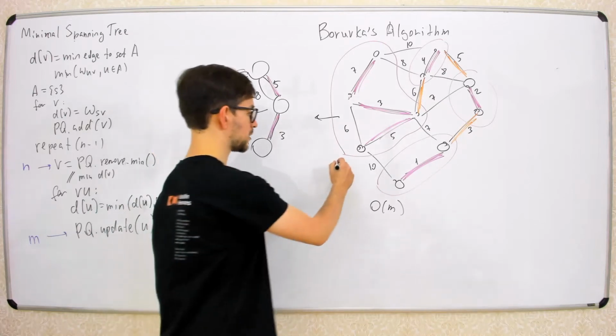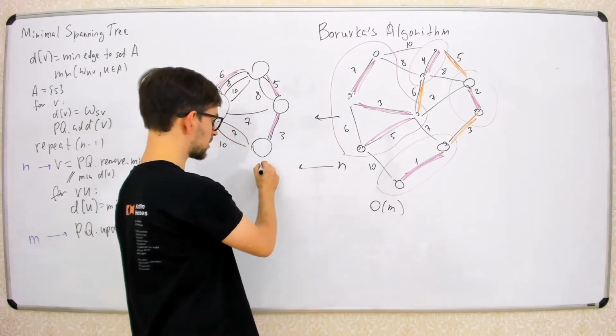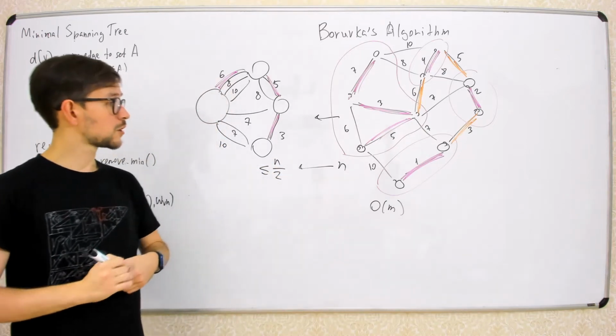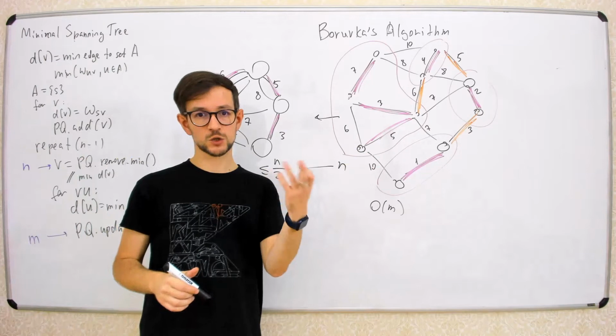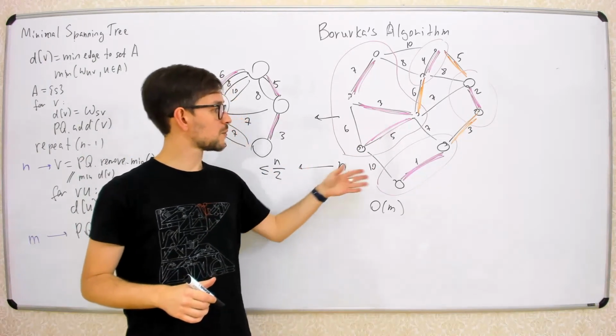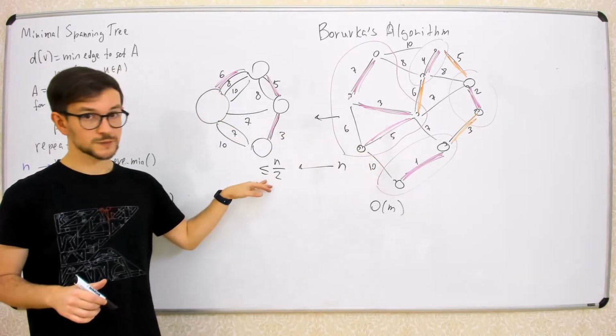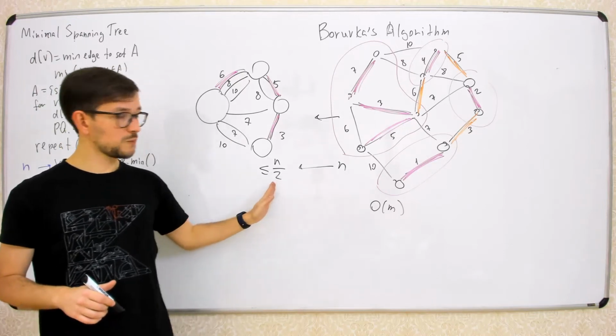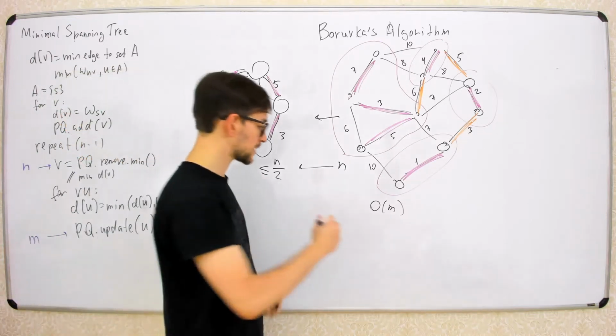So if you have n nodes here, then here you have no more than n over 2 nodes, because each connected component contains at least 2 nodes. So the number of nodes will be decreased at least twice. So the number of iterations will be at most log n. So total time complexity will be n log n.